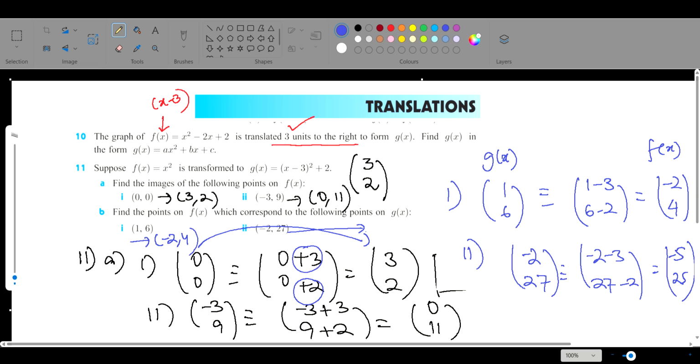So this is (minus 5, positive 25). That was the coordinate of f(x). Done.